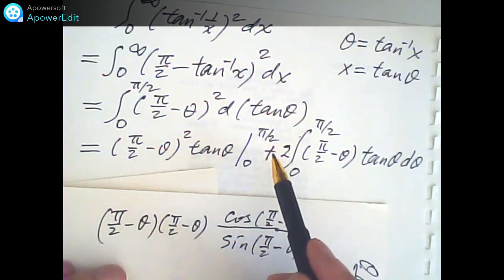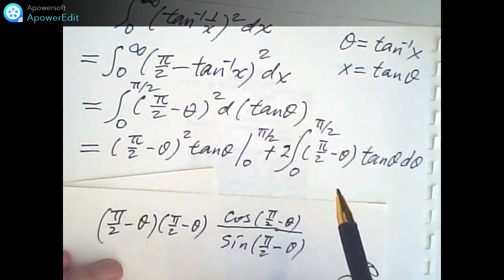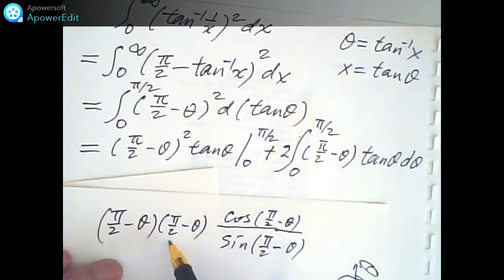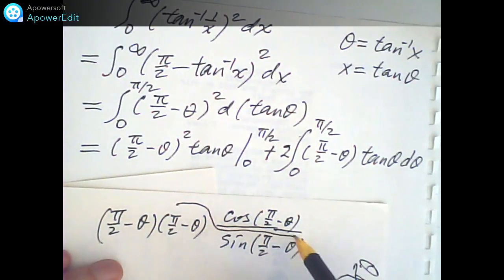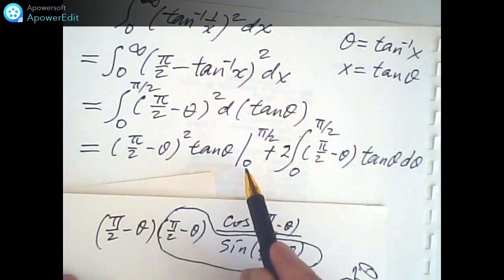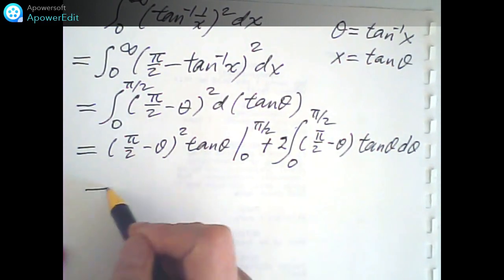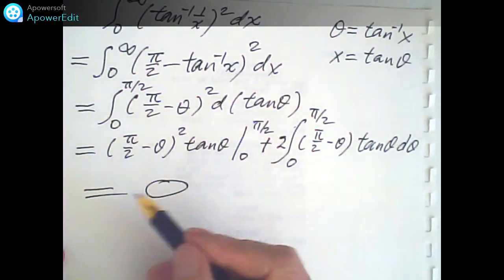Now, when theta approaches half pi, this is 0, this is also 0, so this becomes 1, this is 1, this is 0. So the whole thing is 0. When theta is 0, it's easy. This is 0, everything is 0. So this term is 0.